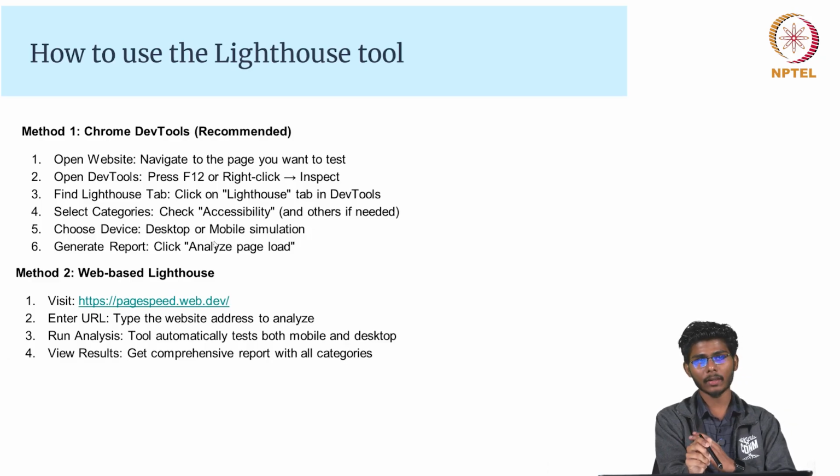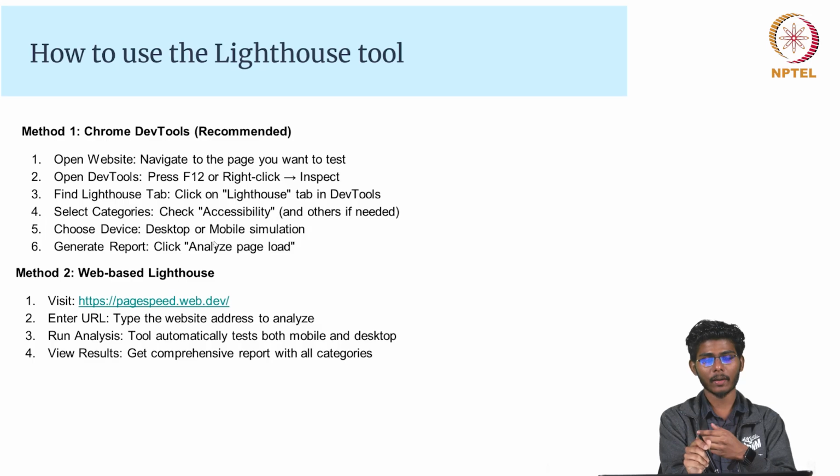It will generate the report as per the user's need, desktop report and mobile report of the same interface. Or we can use web based Lighthouse: visit pagespeed.web.dev and enter the URL of the website that we need to address, and it automatically runs the analysis.